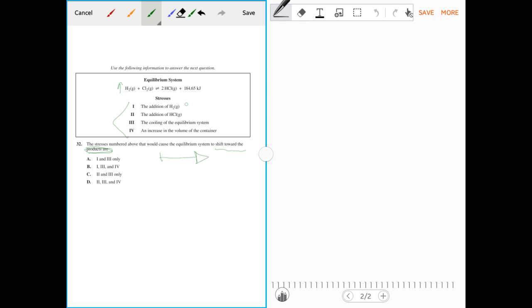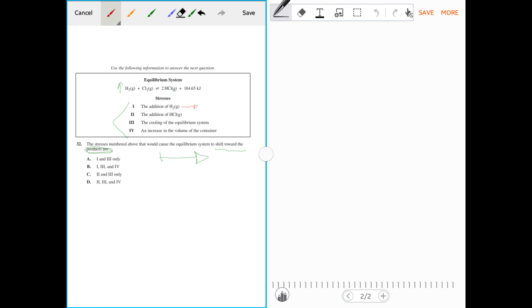So number 1 should give us a shift towards the product side, or a shift towards the right. So this one shifts towards the right. I'm just going to notate that by an arrow towards the right.